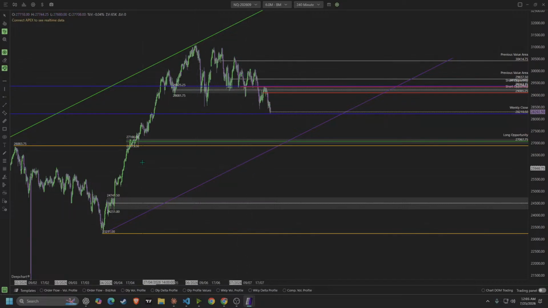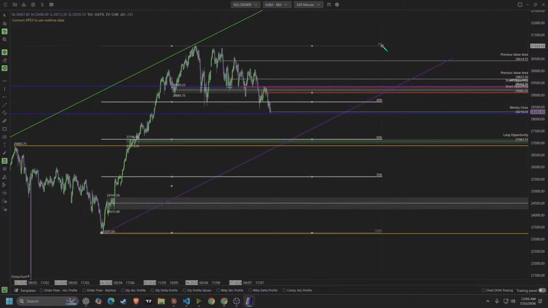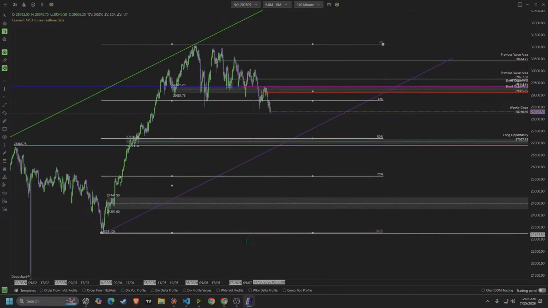Right? So we're going to tap back into this range. And the question is, how far into that range do we tap? Well, if we just go based off of Fibonacci levels, we could expect to retrace 50%, then see a reaction, golden pocket.